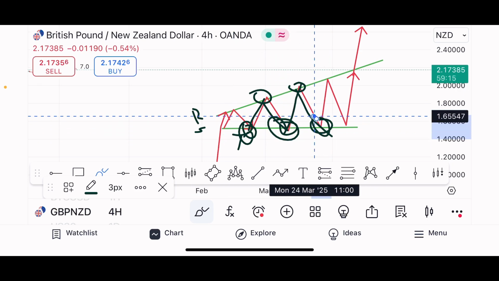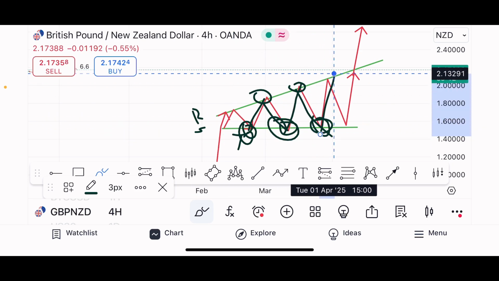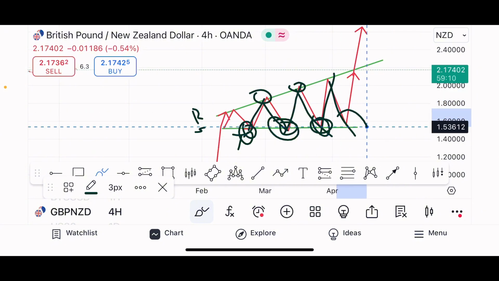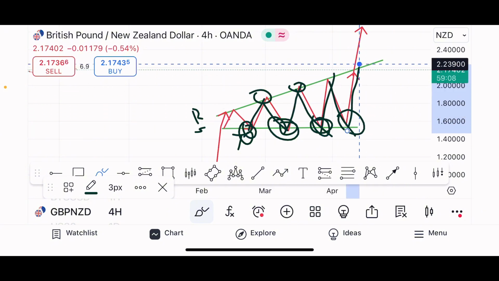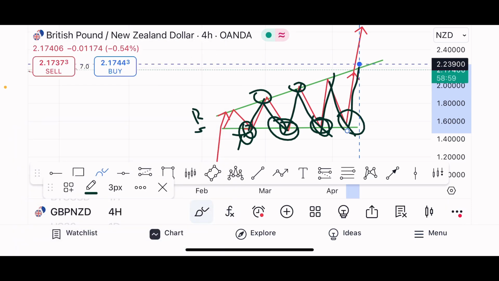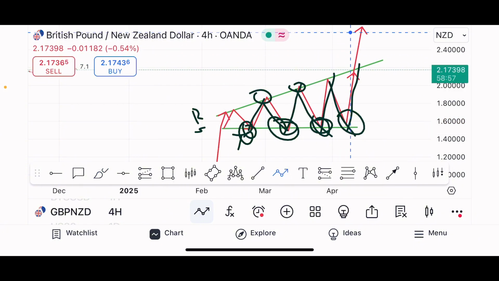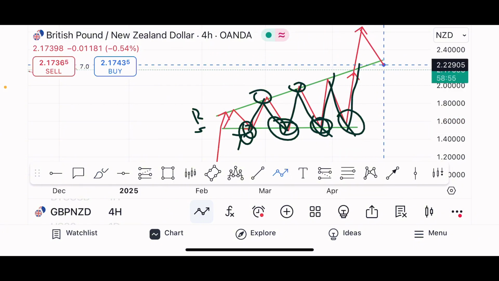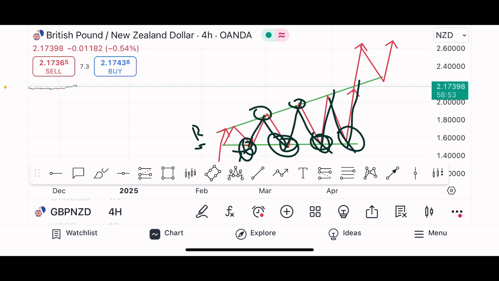Right now we're on the third take, which is way bigger than the first and the second take, and the fourth take is way bigger than the first, second, and third take. This is an example of an expanding channel, right? So the market can expand, then make its way up, break, come back, retest, and continue going up, right?